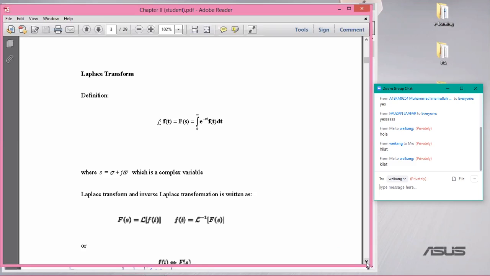But just for the sake of completeness, I'm going to use the definition of Laplace transform to transform the easiest form of f of t. The easiest function is, of course, f of t equal to 1.